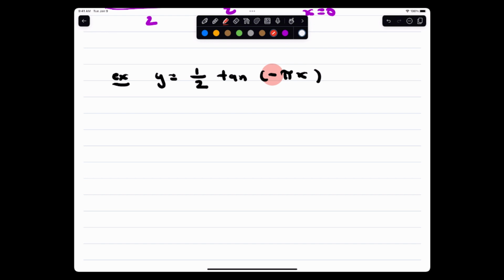What do you guys remember about this curve? Do you guys remember anything about tangent? Tangent is what? Isn't tangent an odd function? So what does that mean about the negative sign then? Do you guys remember? It comes out. Is that right?